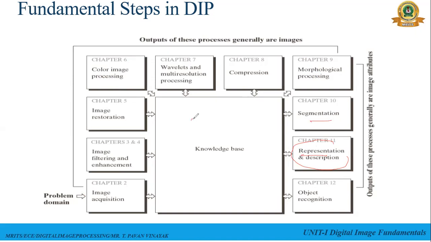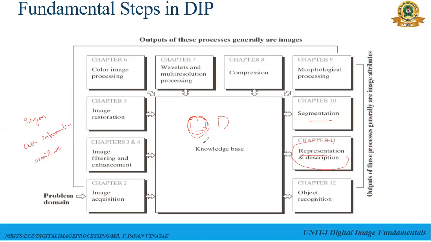After segmentation, we may split an image into two parts. From these two parts, we have to represent the region, which means the information available space.